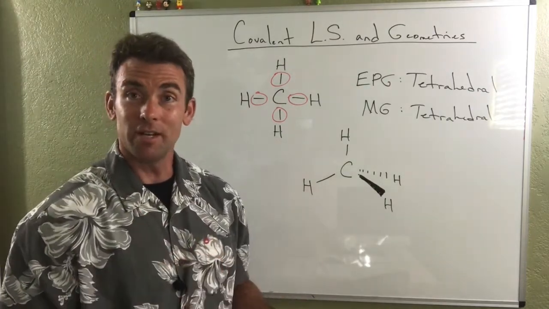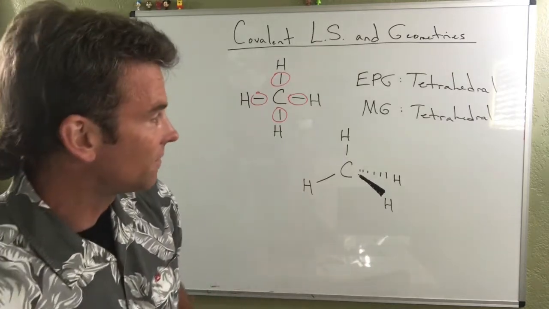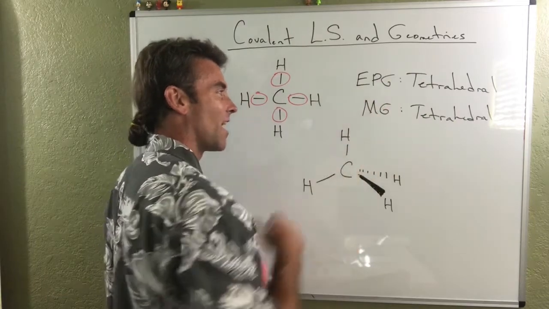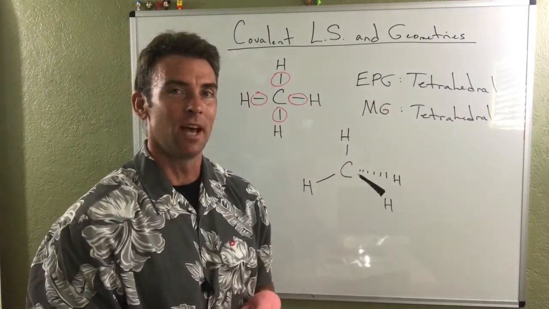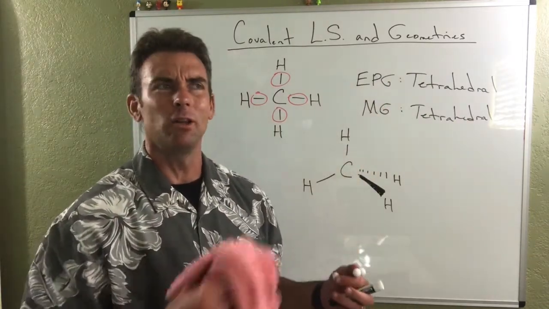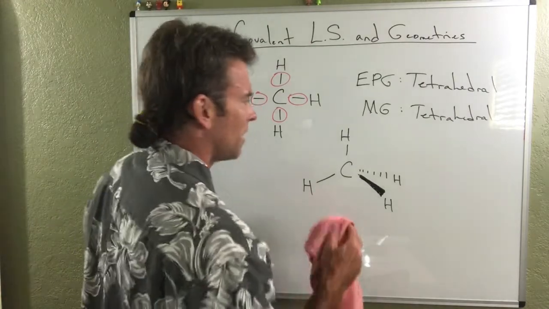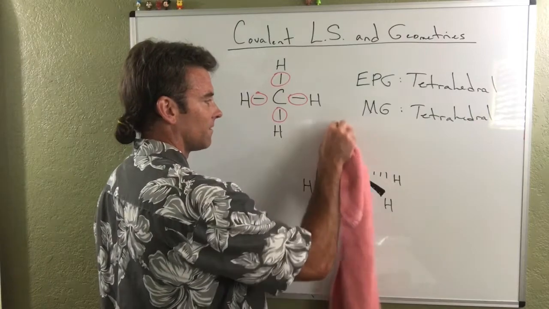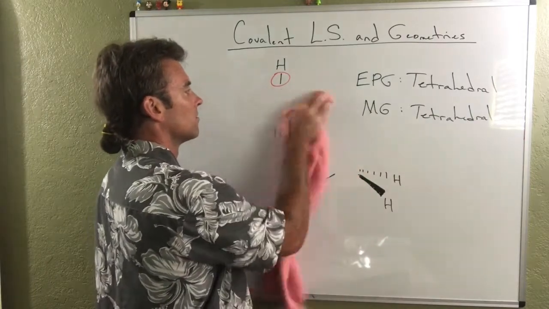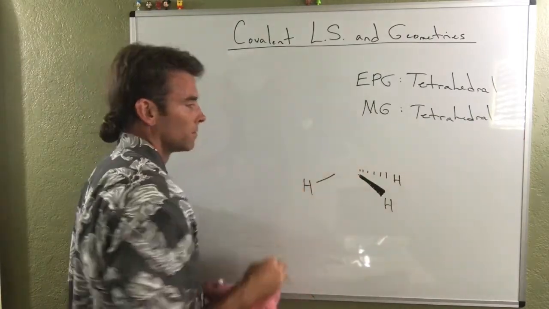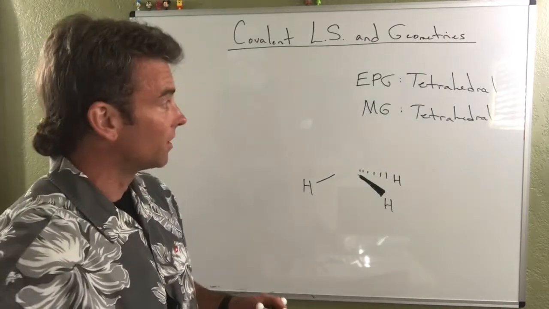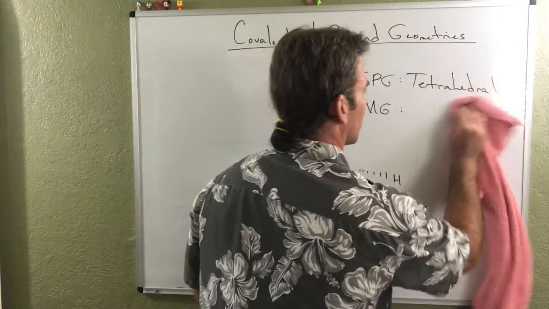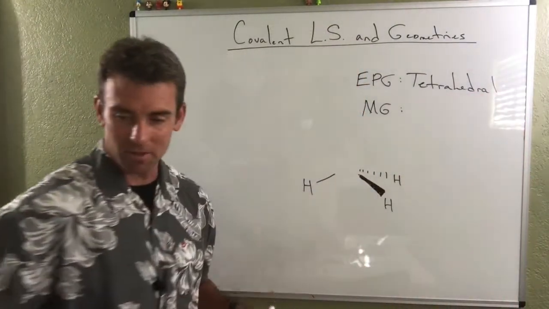So tetrahedral electron pair geometries also have two different molecular geometries. So I'm just going to pick a Lewis structure and build it into what I've already made here. Let's pick on ammonia a little bit. I should erase this too, because it's no longer going to be a molecular geometry that is tetrahedral.